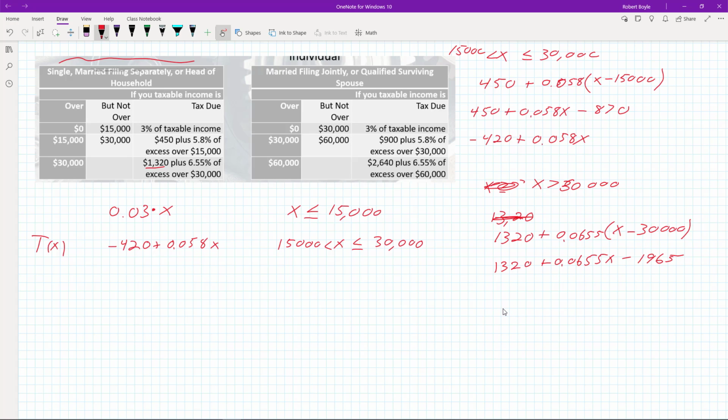Combining like terms, we will have negative 645 plus 0.0655x, and that's what we put here. Negative 645 plus 0.0655x, and this will be valid when x is strictly greater than 30,000.